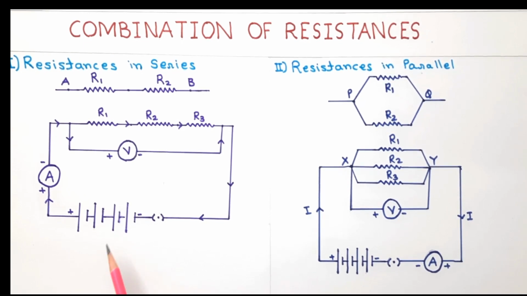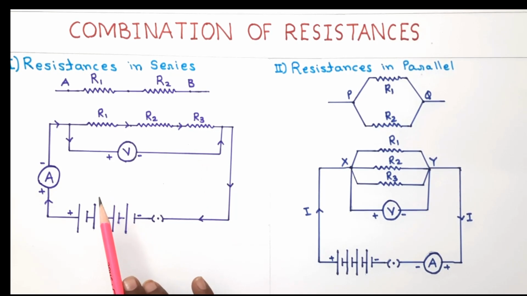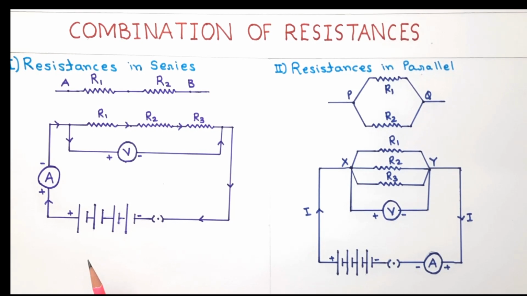When resistances are joined like this, the combined resistance R is equal to the sum of their individual resistances R1, R2 and R3. Thus, the combined resistance is greater than any individual resistance.